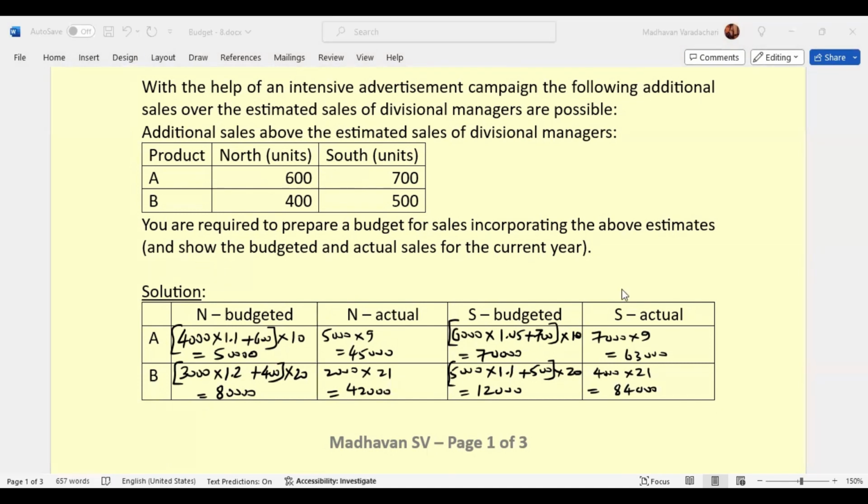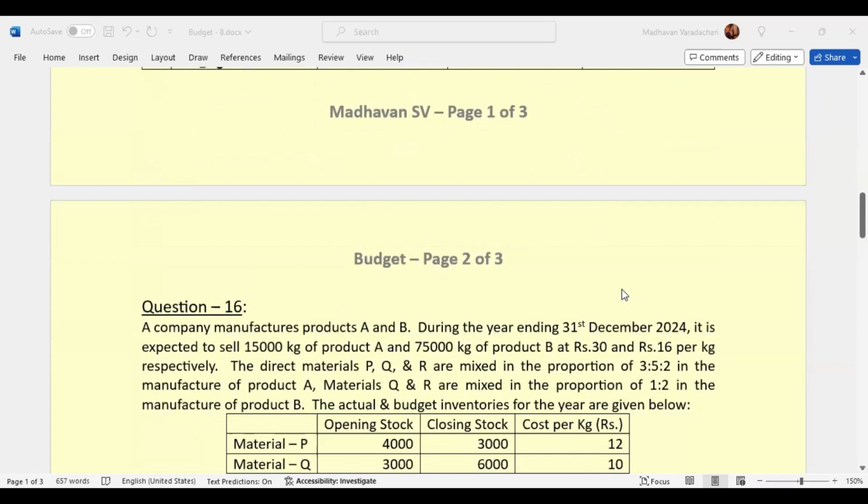Let us move on to the next question. A company manufactures products A and B. During the year ending 31st December 2024, it is expected to sell 15,000 kg of product A and 75,000 kg of product B at rupees 30 and rupees 16 per kg respectively.